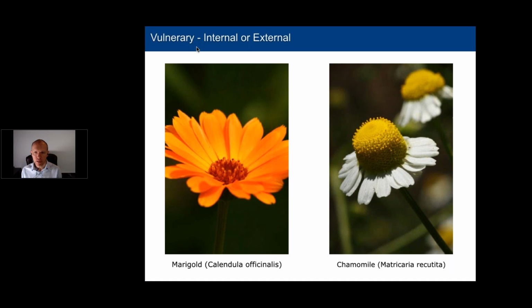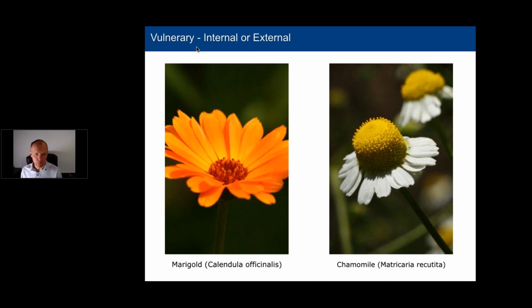So I would say that marigold and chamomile are used for almost the same indications. Normally, I think of marigold as something I prefer to use topically, and chamomile is more the archetypal vulnerary I use internally. Burns, bruises, things like that.